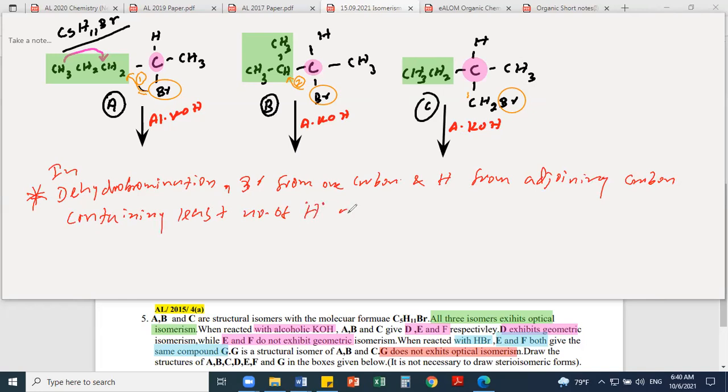This is very, very important. This is valid for any other similar reaction also. I'll highlight that part.